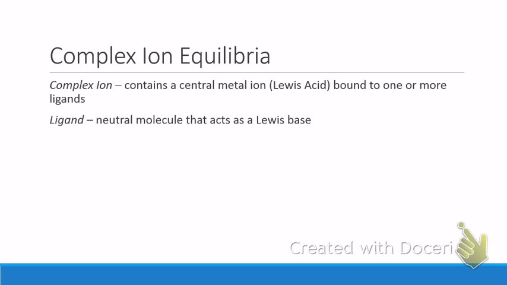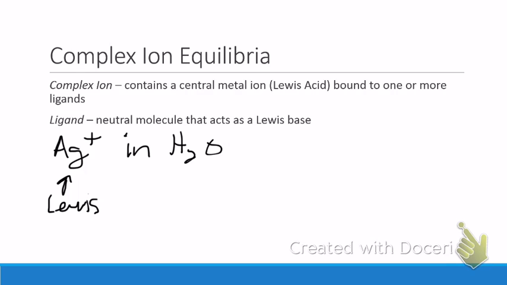So for example, if we have silver plus in water, it doesn't just exist as silver plus by itself, because silver is a pretty good Lewis acid. So instead, water, which is a pretty good Lewis base, is going to bind to the silver. And that's going to form what we call a complex ion.